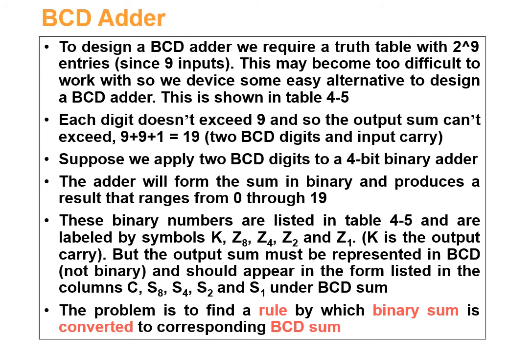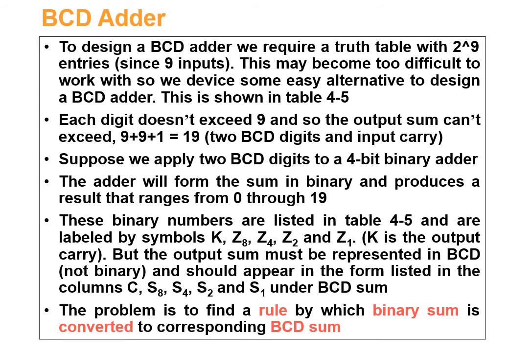Suppose we apply two BCD digits to a 4-bit binary adder. The adder will form the sum in binary and produce a result that ranges from 0 through 19. These binary numbers are listed in the table and are labeled by symbols K, Z8, Z4, Z2 and Z1.